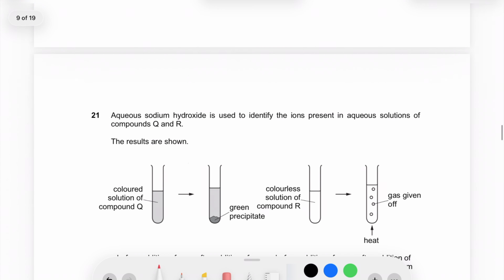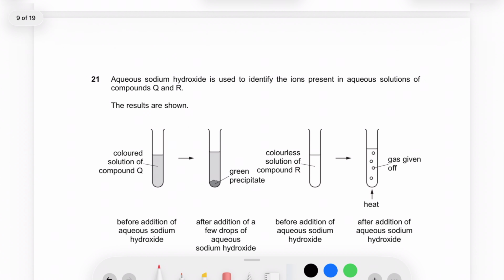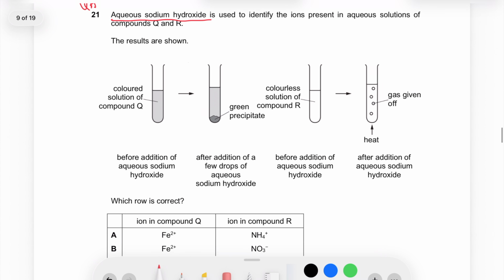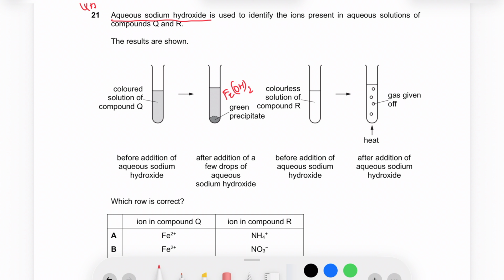Moving on, 21. You're using sodium hydroxide to identify the ions, so this is under QA. So let's look at this. For Q and R, before addition of sodium hydroxide, you have Q. Then after you add sodium hydroxide, there is a green PPT. So this definitely will be iron hydroxide.